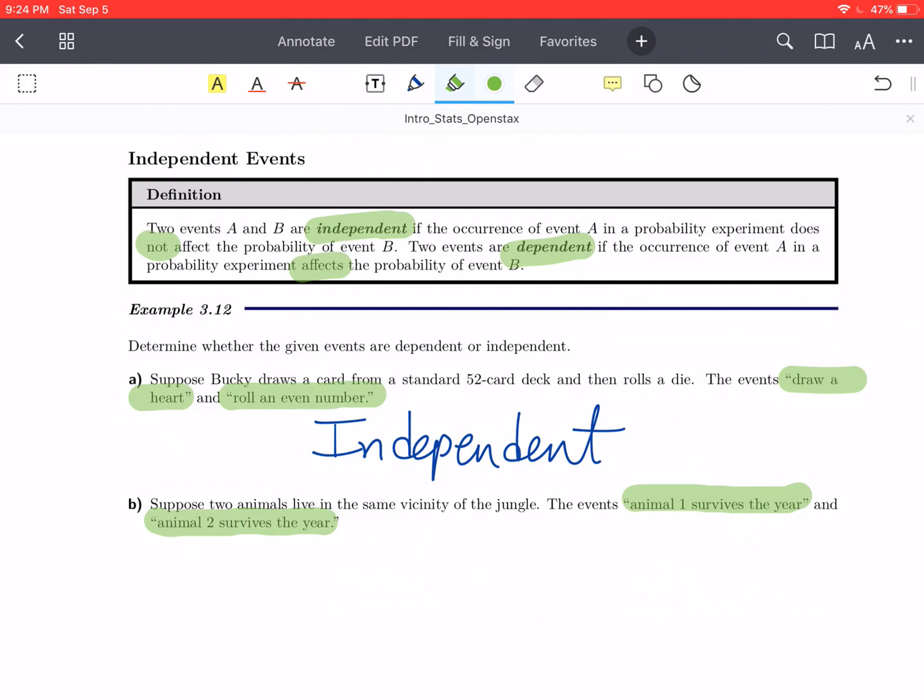The argument for dependent is this statement right here: the fact that they're in the same vicinity means that there could be some interaction between them. Maybe one of them is predator, one is prey. Maybe they're both fighting for the same food source. So there could be some possible interactions there that result in one animal's survival impacting the other animal's survival.